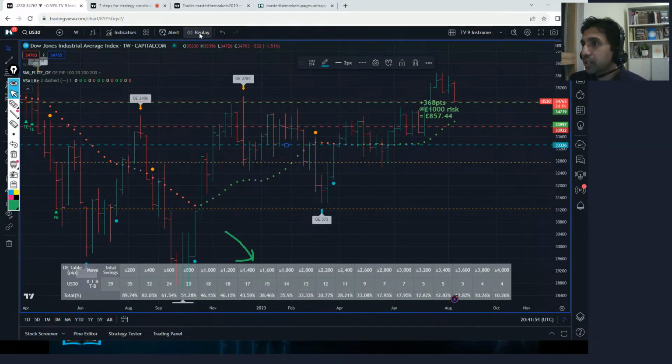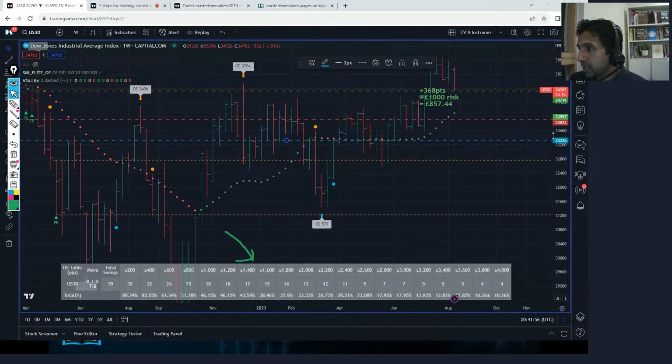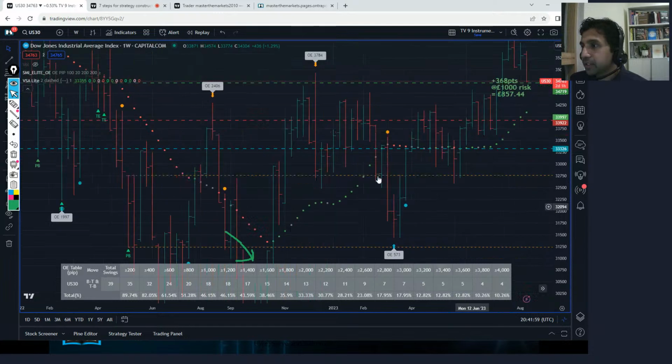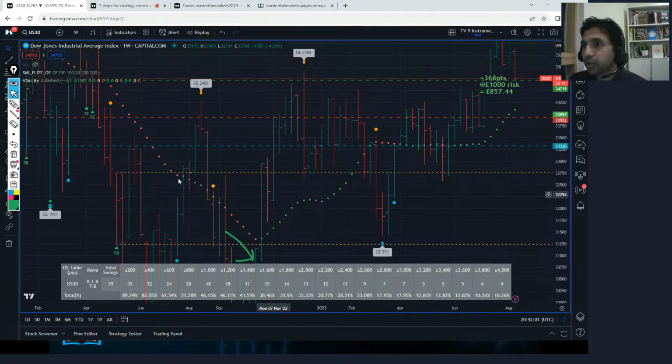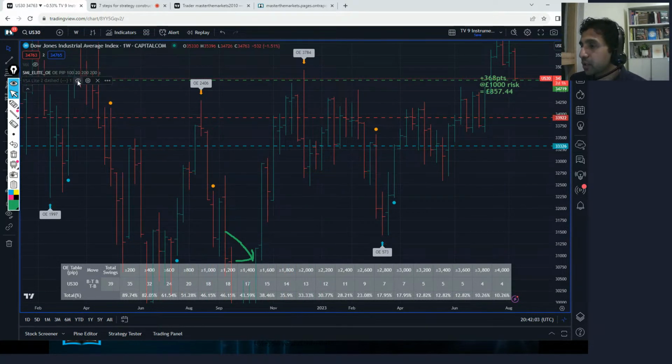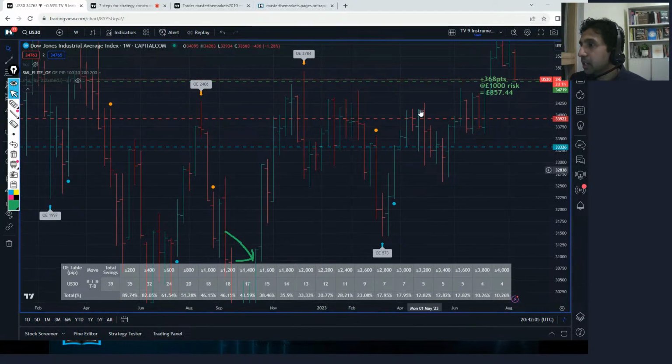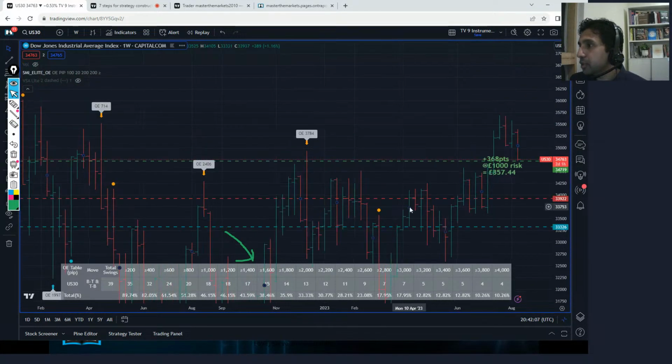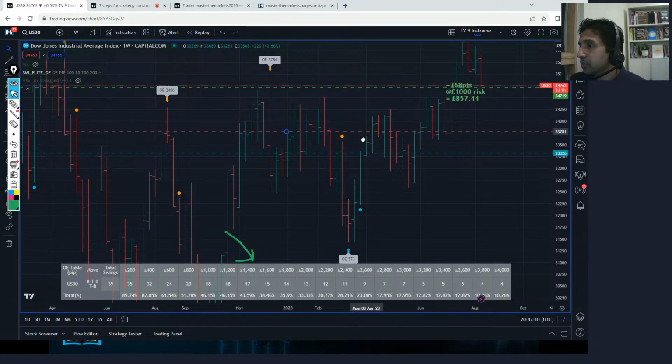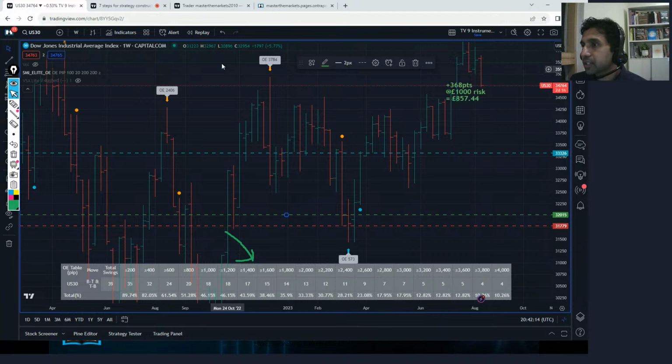If I were to hide that, that's the volume indicator that we got as well. Let me hide all of that for a minute so it becomes a bit clearer. Let me do that as well, and this one here, that's the symbol, isn't it?